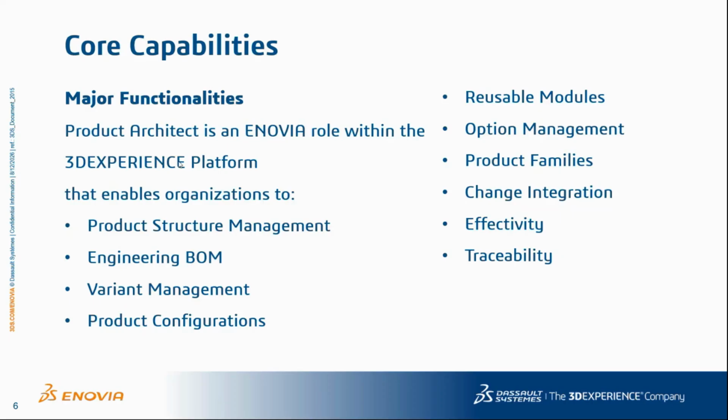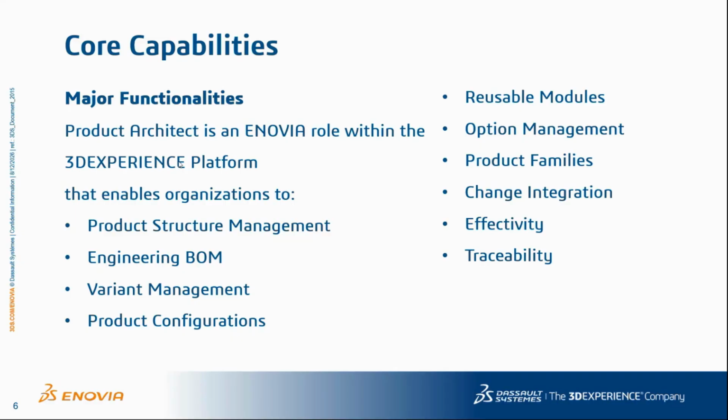These are the core capabilities of product architect. The major functionalities: product architect enables organizations to perform product structure management, engineering bill of material, variant management. You can have your product configurations.